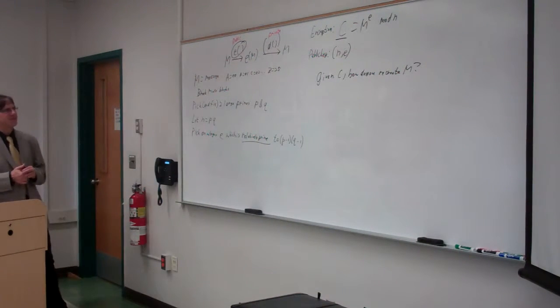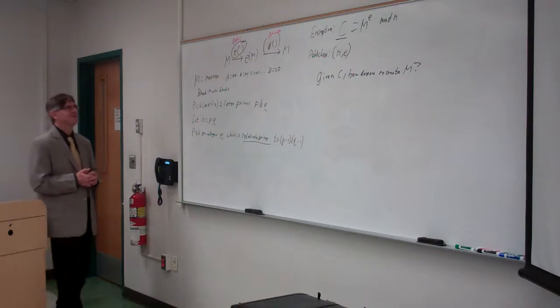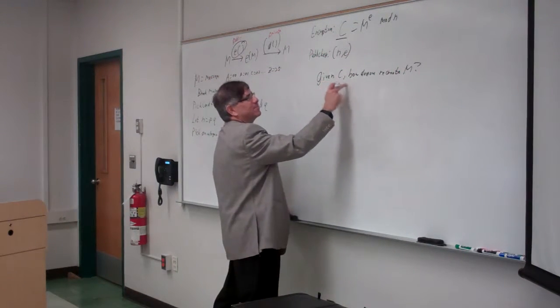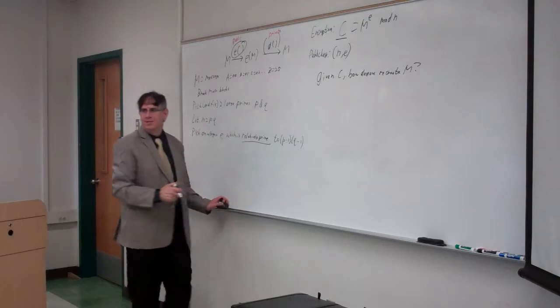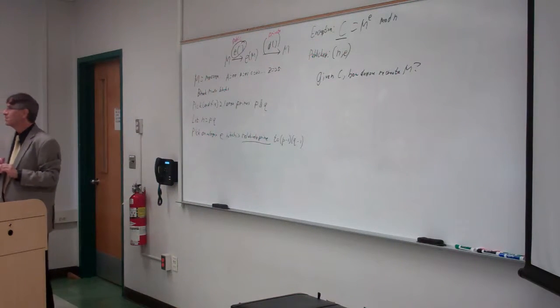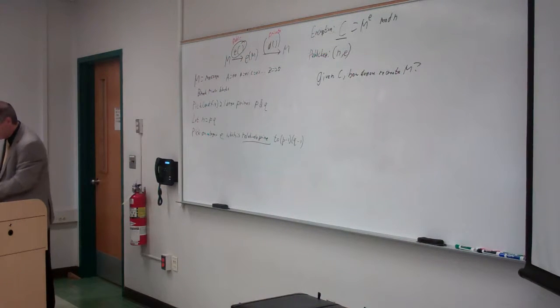But in an ideal situation where everything is secure, we get to this situation where we're given the encrypted message and we want to recreate the original message. So if you know P and Q, you can do this really easily. And this is where some number theory comes in.